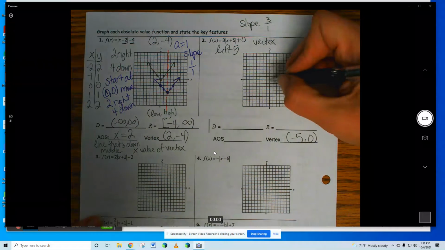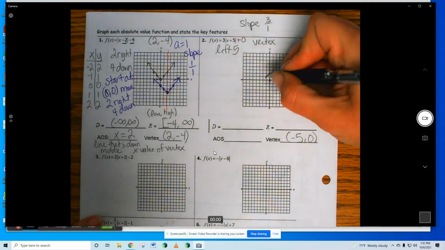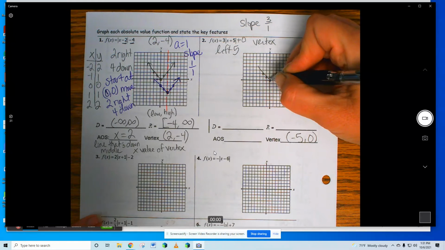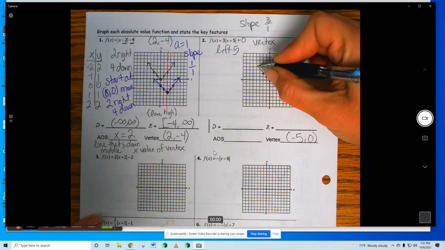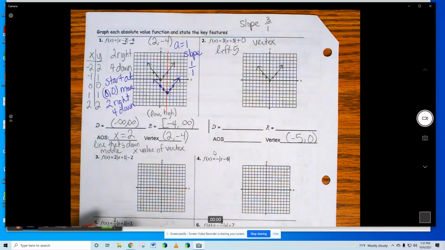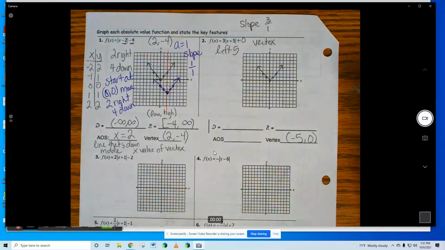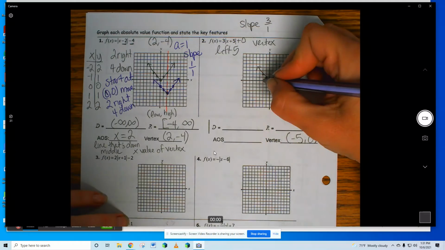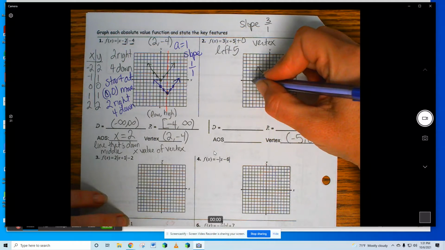So draw your parent function, basic, original, OG. I know, it's the OG right here. And I need to shift this whole thing 5 to the left. 1, 2, 3, 4, 5.